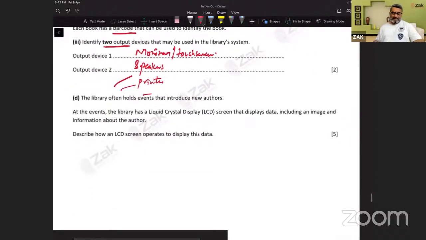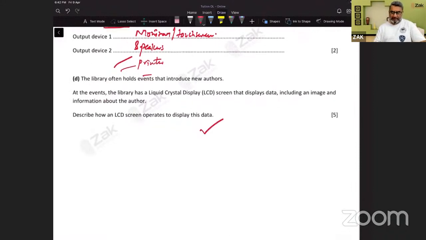Describe how an LCD screen operates to display this data. ये मैंने ऊपर आपको समझाया था कि LCD screen कैसे काम करती है. So, if we write, the display is made up of pixels.